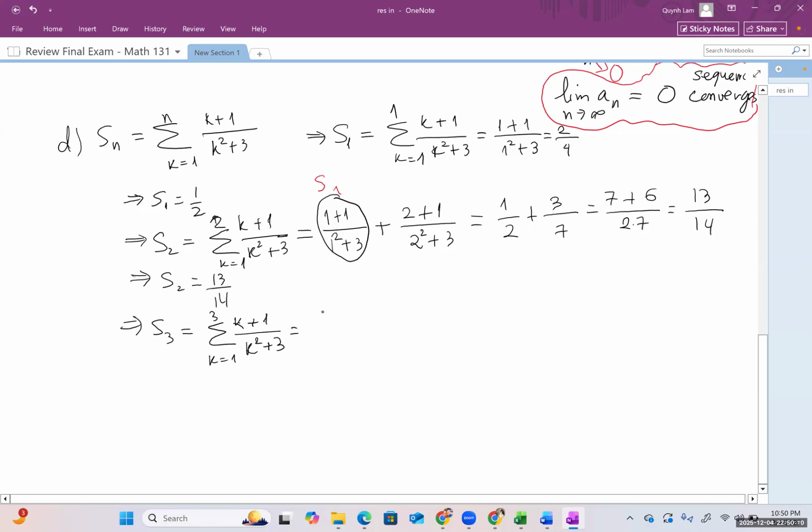You're going to have 1 plus 1 over 1 squared plus 3, and then plus 2 plus 1 over 2 squared plus 3, plus 3 plus 1 over 3 squared plus 3.